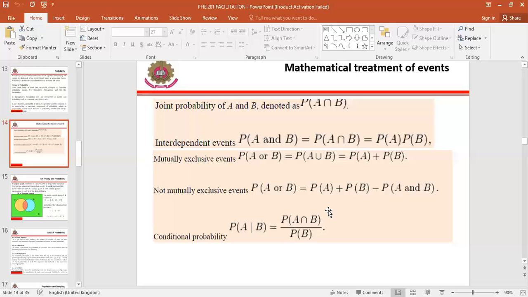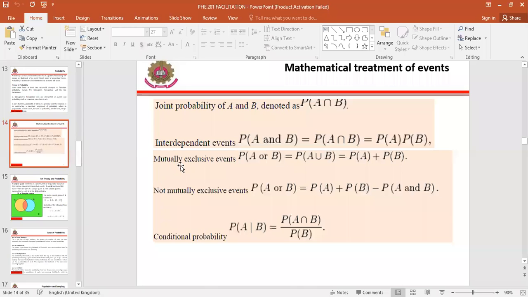If tail happens, it is 1/2. But if they ask what is the probability that head will not happen, you now have 1 minus half. That is 1 minus the probability that the thing will happen. So it is the same thing that we have done here.